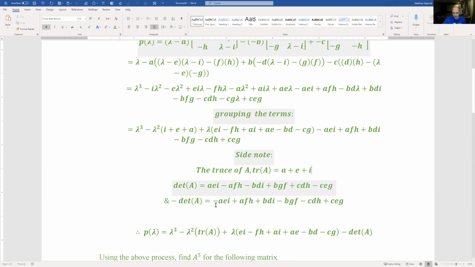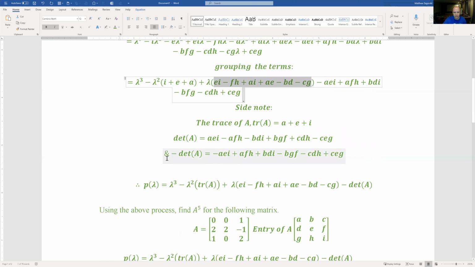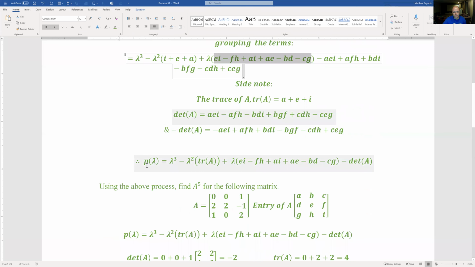Taking the negative of that, you can see that this set of terms equals that. And the trace of A is going to equal the coefficient on lambda squared. I couldn't find a substitution to make for this term, so we're just going to leave that as it is, which leaves us with the Cayley-Hamilton equation for a 3x3 matrix, which equals this equation right here.